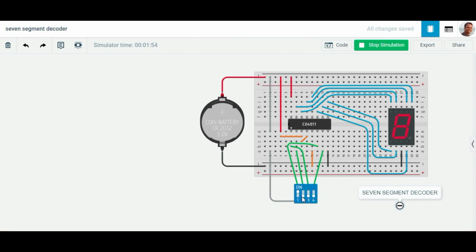So the circuit is working very properly and our simulation is successful.